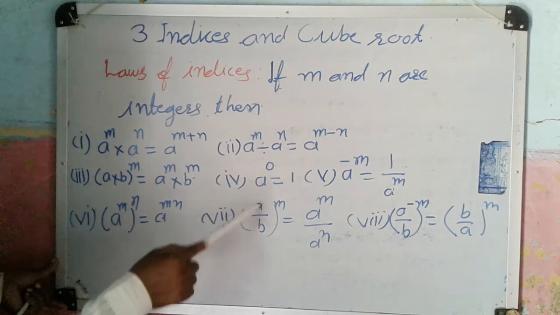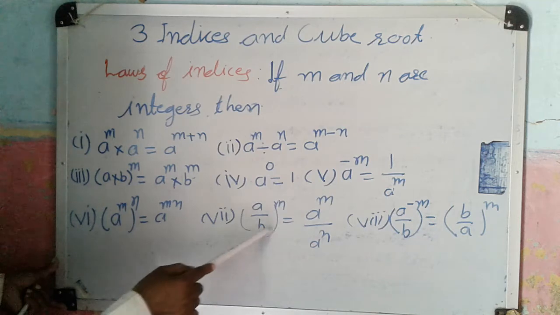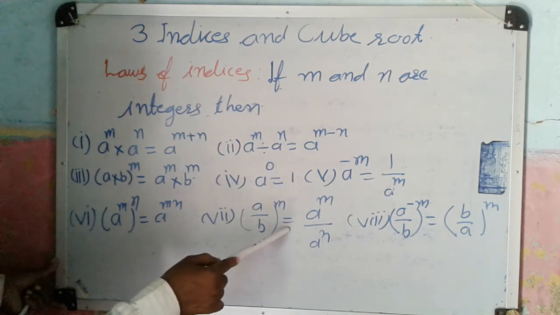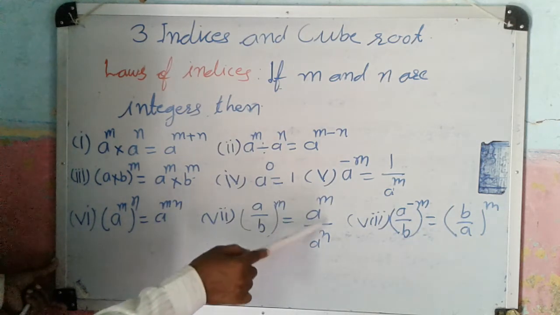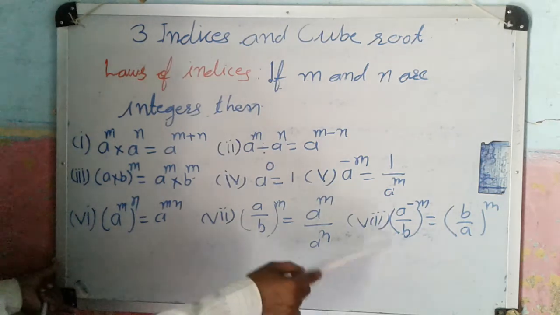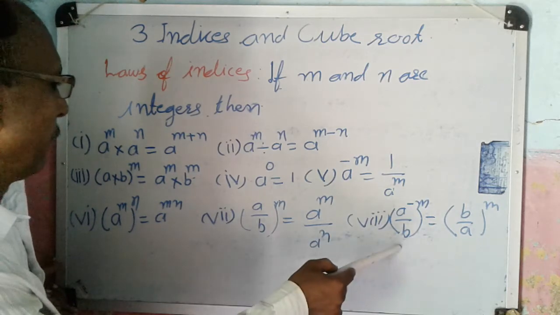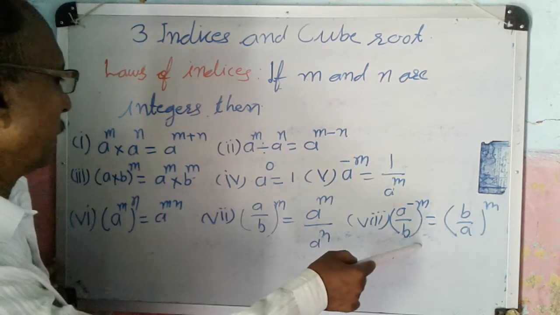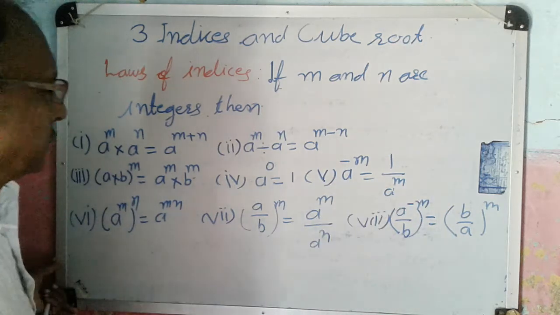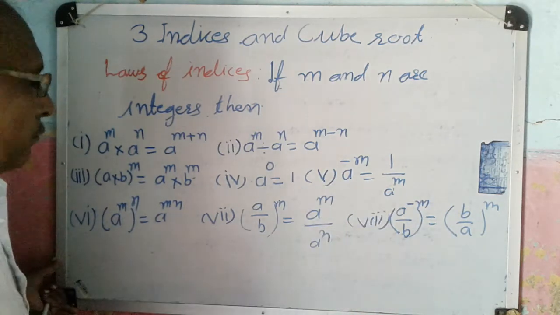Now 7: a upon b, bracket raised to m. Here also if we remove this bracket, we will get a raised to m upon b raised to m. And 8: bracket a upon b, bracket raised to minus m. Now here the index is minus m.